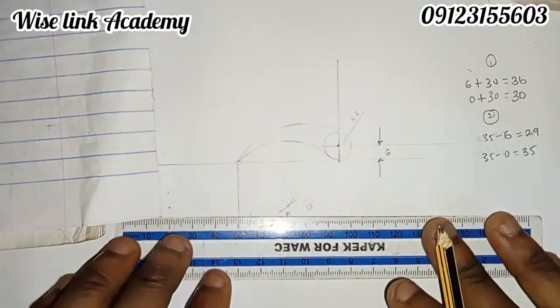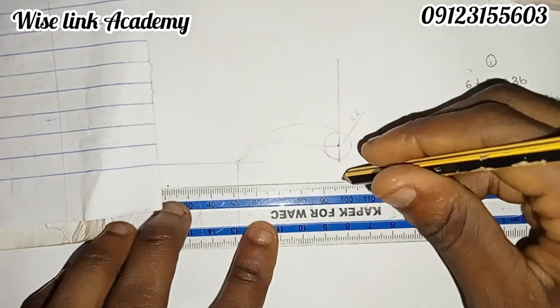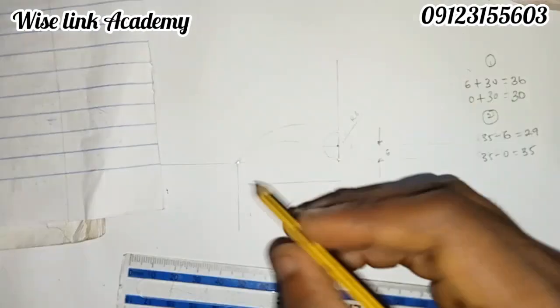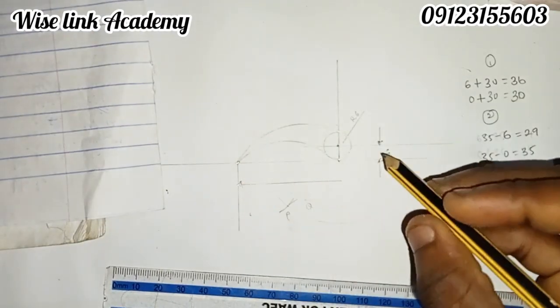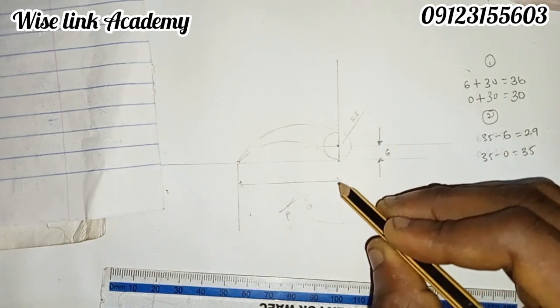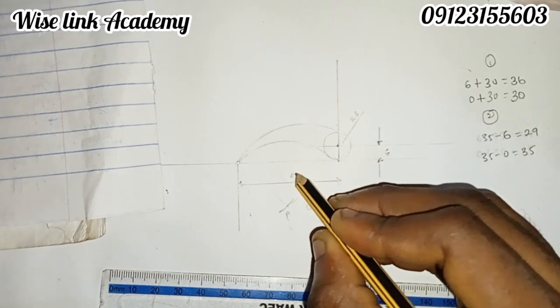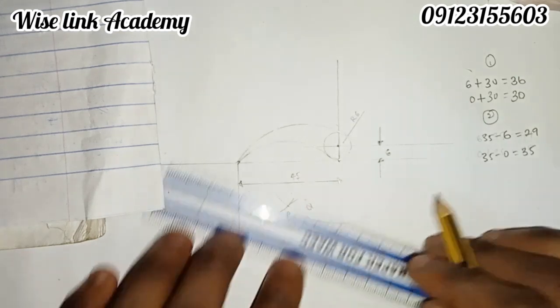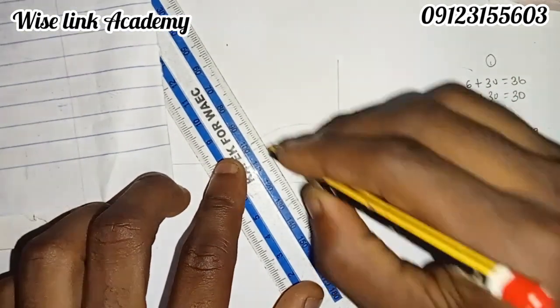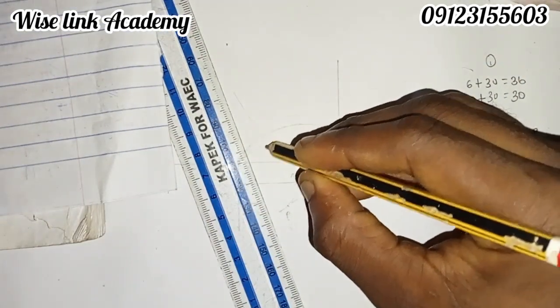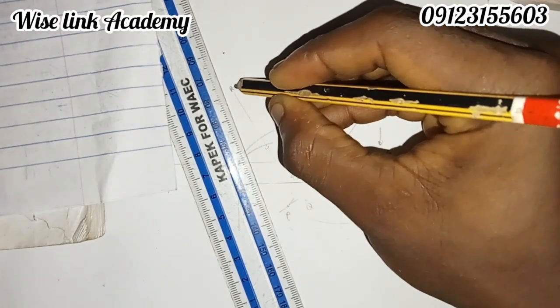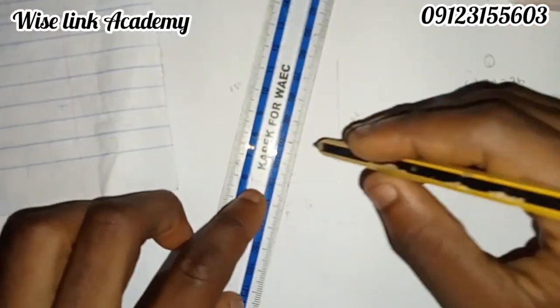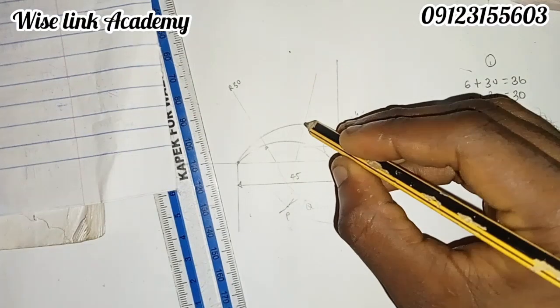So the said distance from here to here, I got 45. So the base of this arc you are seeing here is R30, and the radius of this one is what?